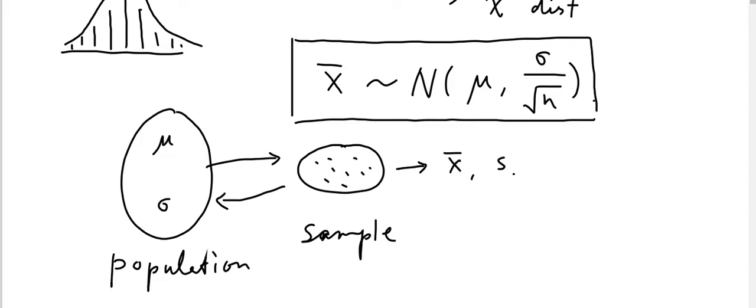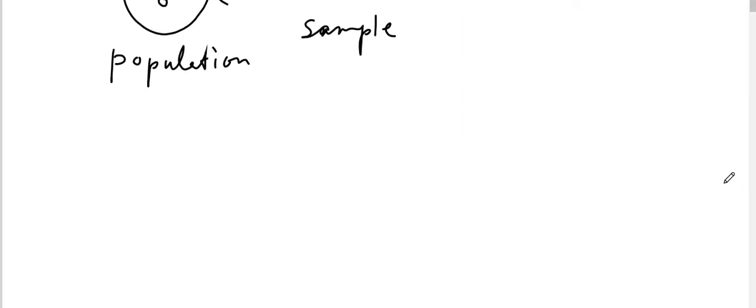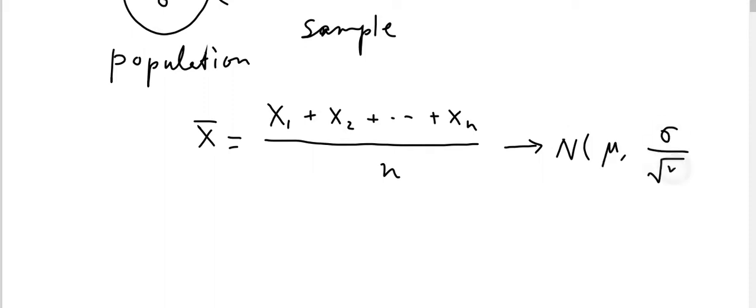Now x bar is just the first sample x1 plus x2 plus up to xn, divided by n. This one will follow this normal distribution.